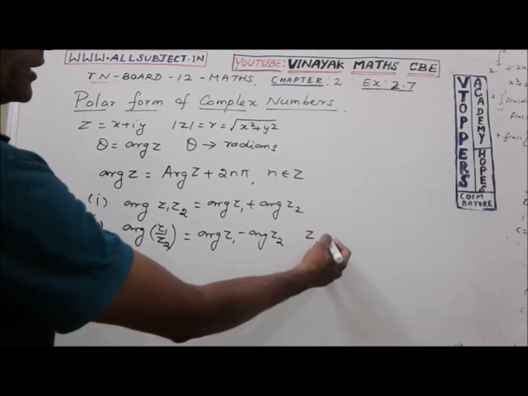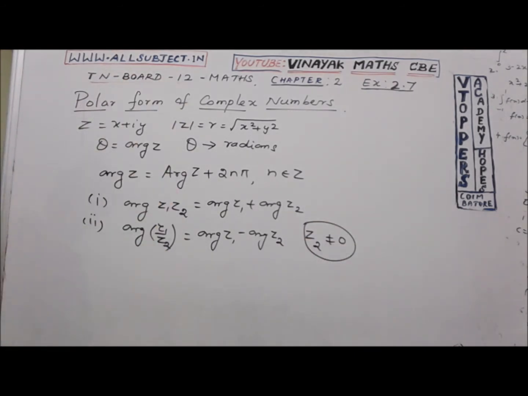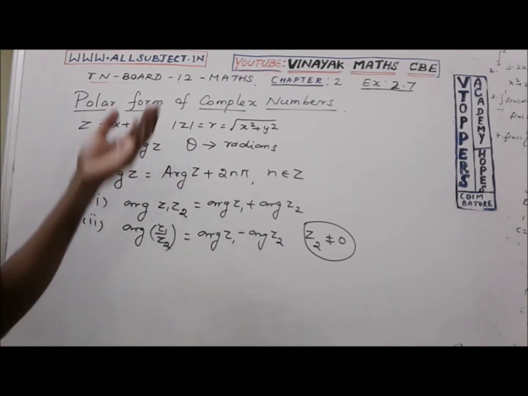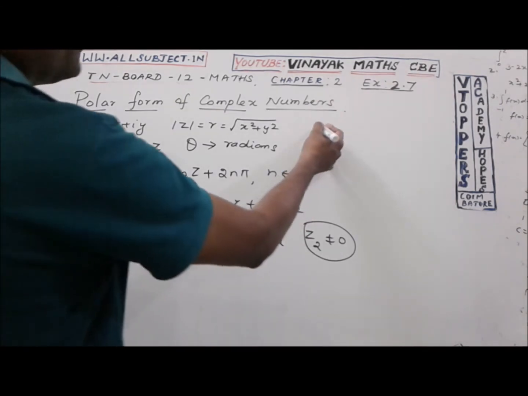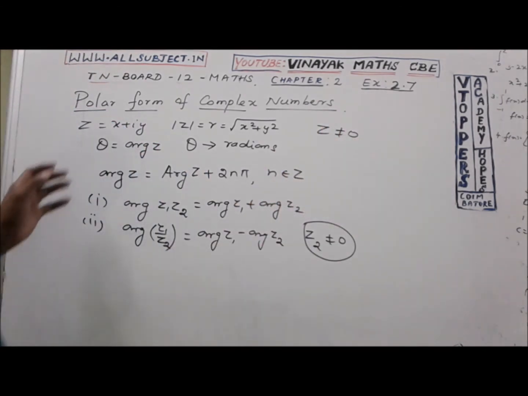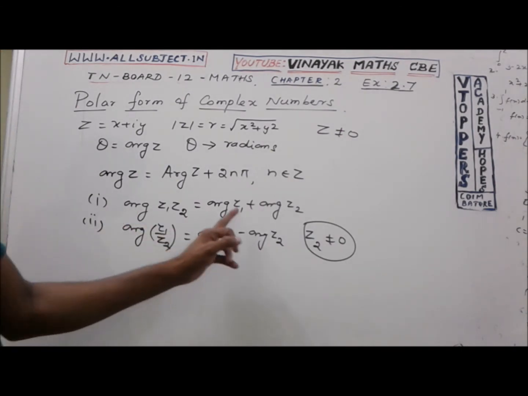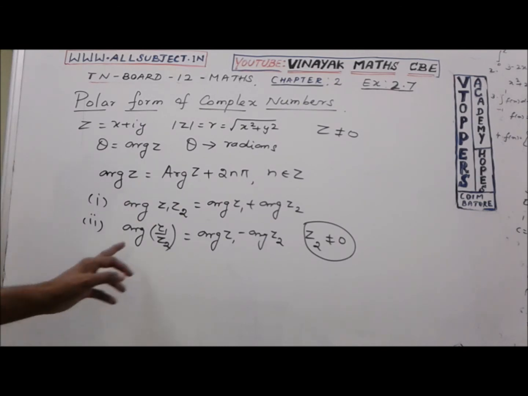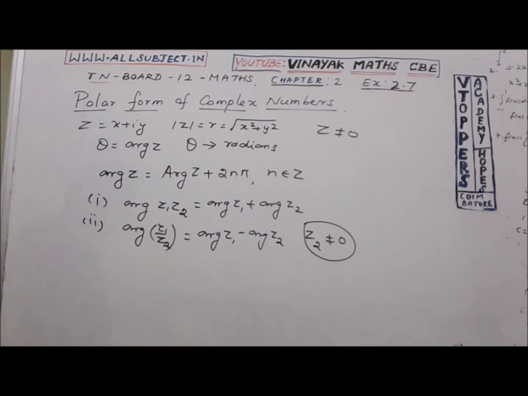Here the complex number z2 is not equal to 0. For the polar form and argument, z should be non-zero, since only for a non-zero complex number can we find the polar form.